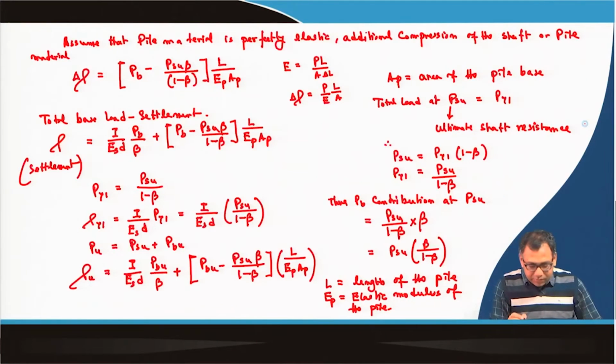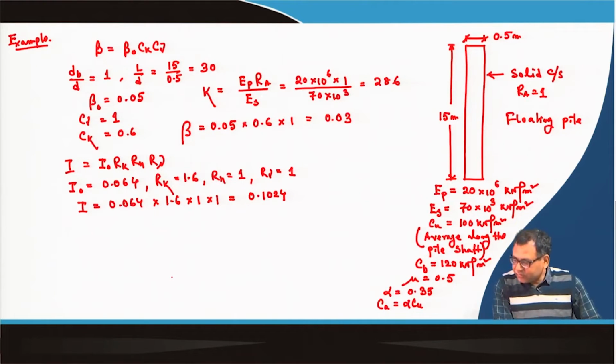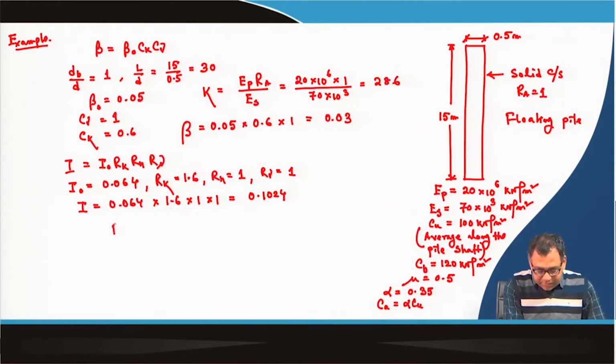Now, we have to calculate these 4 quantities, and equations are given for these 4 quantities, and I have derived all these equations in the last class. So, directly I will use these equations. First one is P_y1, and that is equal to P_su divided by 1 minus beta.